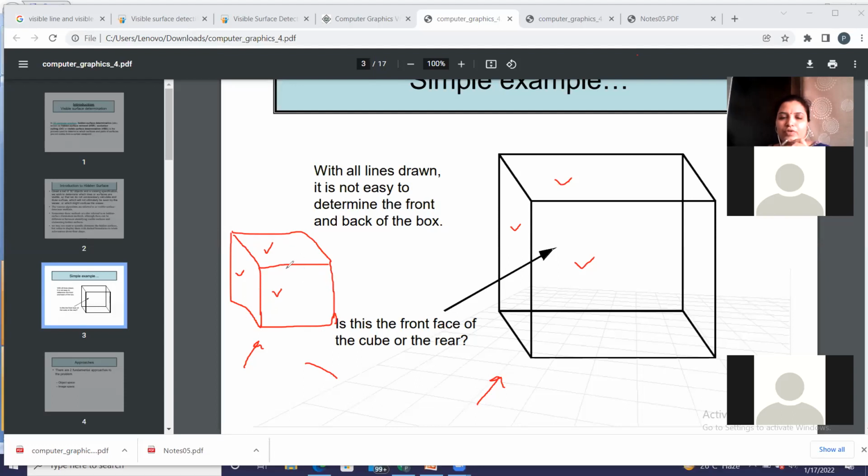It is just removing the edges or the surfaces which are hidden with respect to the viewer. But now when I get this image, I am not able to judge the shape of this object. So the shape of the object is retained if I show the hidden surfaces with the help of dotted lines.